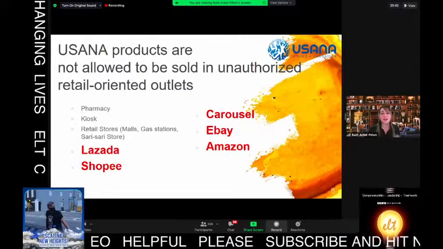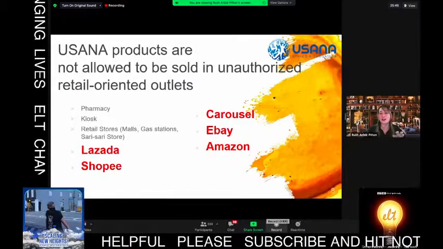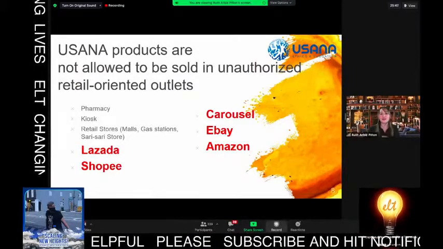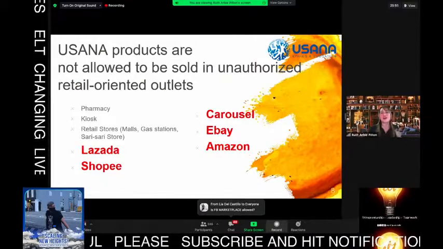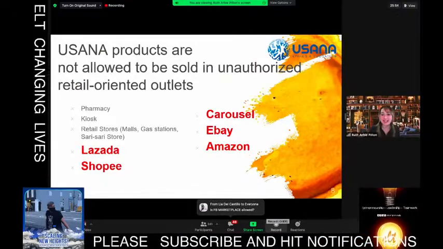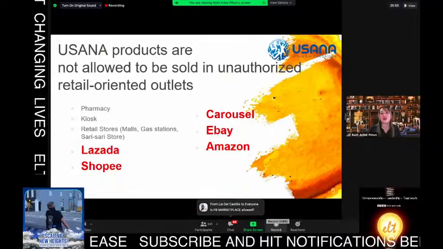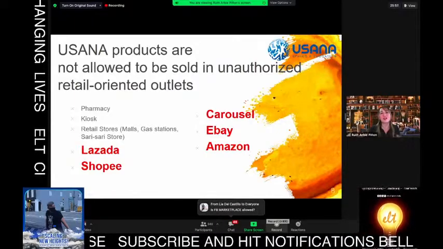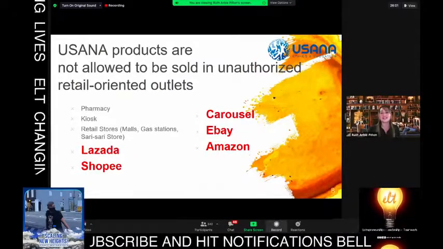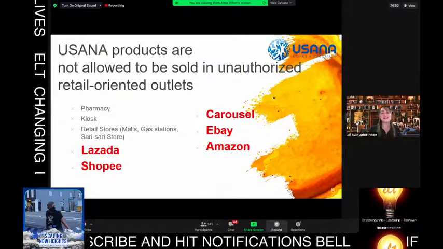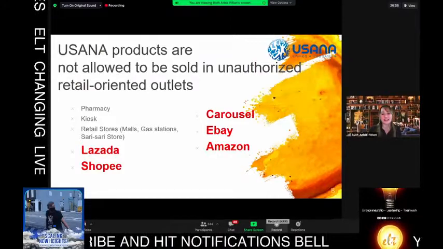Okay? Why? Bakit hindi natin pwedeng i-display or i-sell yung products natin dito sa mga retail-oriented outlets? Because our business model is direct selling. We sell directly to our end consumer, and our business registration is wholesaler and distributorship, so we cannot sell our products in retail outlet.